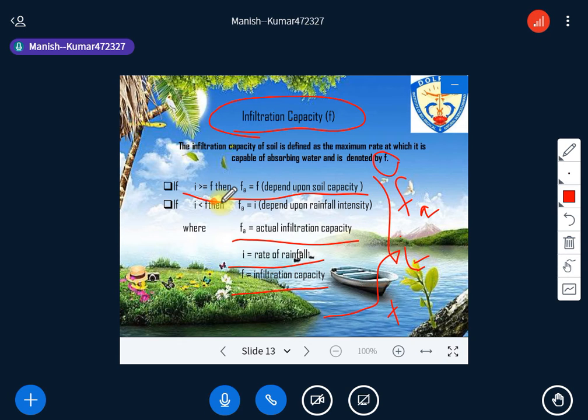Fine. Since i represents the rate of rainfall, it means the amount of rainfall in a certain time frame.